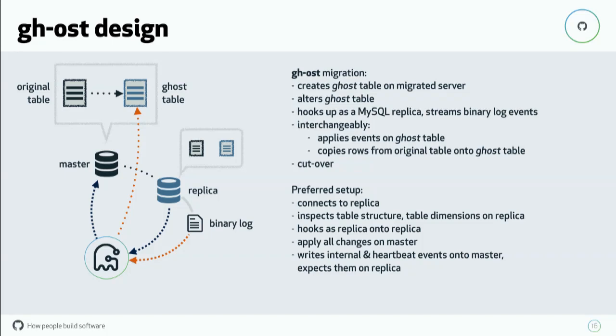It prefers to apply the events as it has them. Default backlog is like 100. It'll parse that far ahead in the replication logs, and then it'll say, all right, I'm going to do this for a while, and then I'm going to go and copy things for a while. The fact that we're not doing them at the same time means that we've really simplified a lot of the logic that we might need for worrying about race conditions. So we do these steps, and then when it's time to cut over, we cut over. More implications about cutting over later.